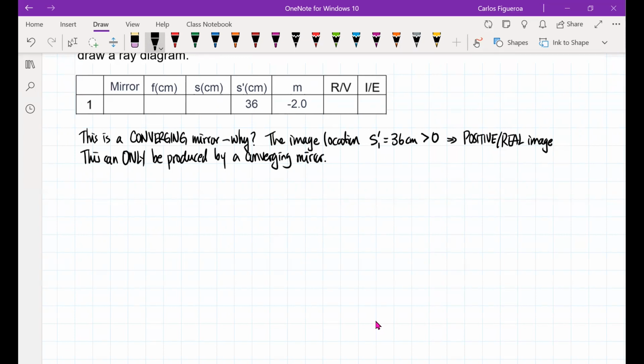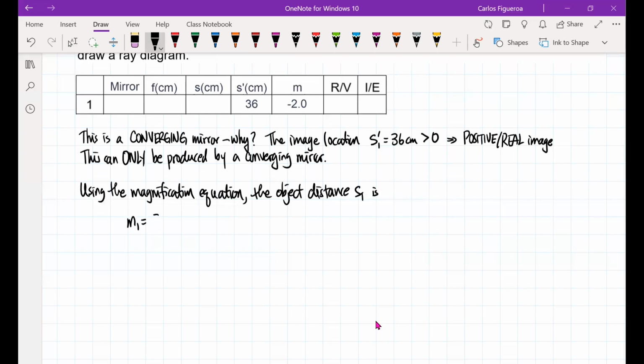So what I'm going to do here is note that I have to calculate the object location, and I also have to calculate the focal location. So using the magnification equation, the object distance S1 is M1 minus S1 prime, S1.